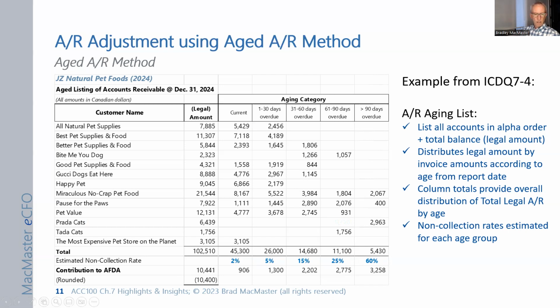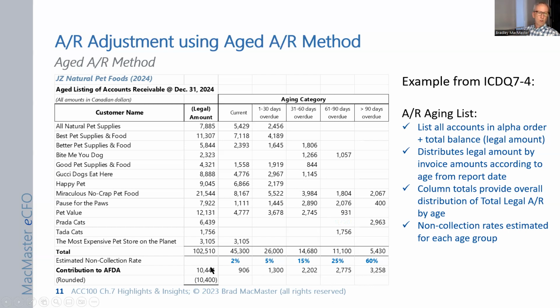And so we multiply these various probabilities or proportions of non-collectible amounts by the legal amount owed, and we come up with these contributions to an overall allowance for doubtful accounts. If we add them across, we get 10,441.